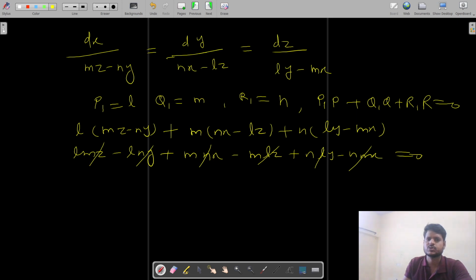So you have to choose this P1, Q1, R1 so that the expression P1P plus Q1Q plus R1R equal to 0. Right? Now I am using one algebraic technique.